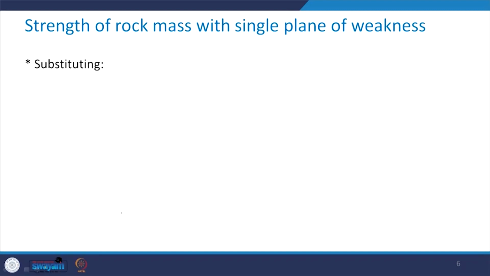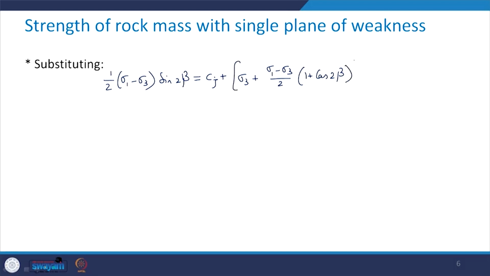That gives me half of (sigma 1 minus sigma 3) into sine of 2 beta equal to Cj plus [sigma 3 plus (sigma 1 minus sigma 3) upon 2 into (1 plus cos of 2 beta)], this whole thing multiplied by tan of phi j.